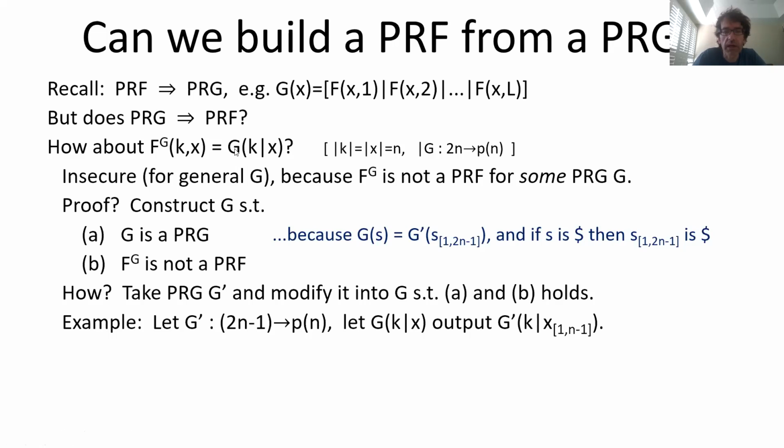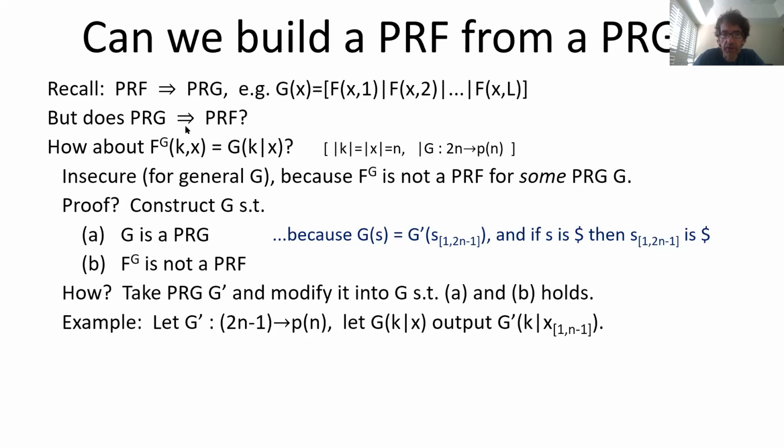So if the answer is no, this is an insecure construction. Intuitively, if you assume G is secure, this means that on a random seed, it behaves in some good way. But in the security experiment of a PRF, the K part of the seed is random, right?